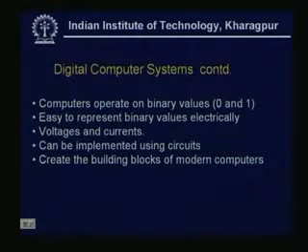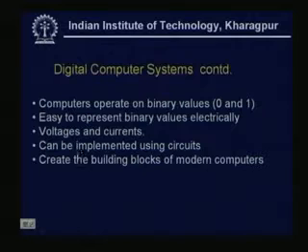Say if a power supply is generating a 5 volt supply, then 0 to 2 we mark as a 0, and 2 to 5 we mark as a 1. So these voltages and currents we can easily represent by 0 and 1. Now this can be implemented using circuits to create the building blocks of modern computers. So this is the main basics of computer systems.